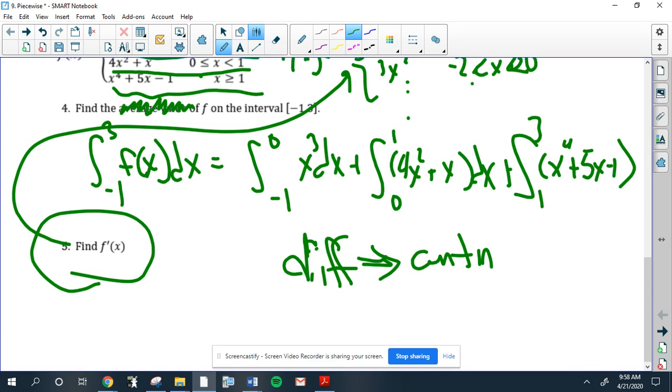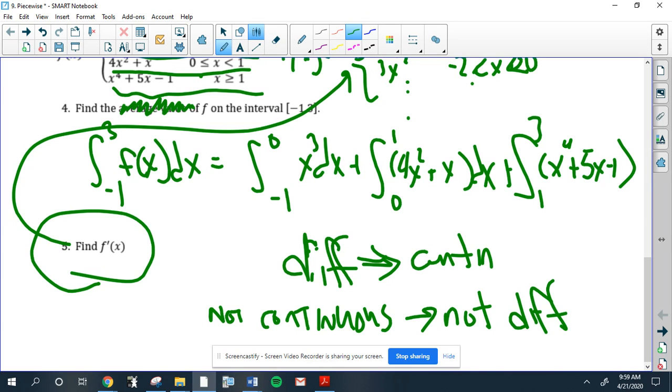If a function's differentiable, then it's continuous. That's a really key concept in calculus. But the contrapositive must be true as well. So we know if it's not continuous, then it's not differentiable.